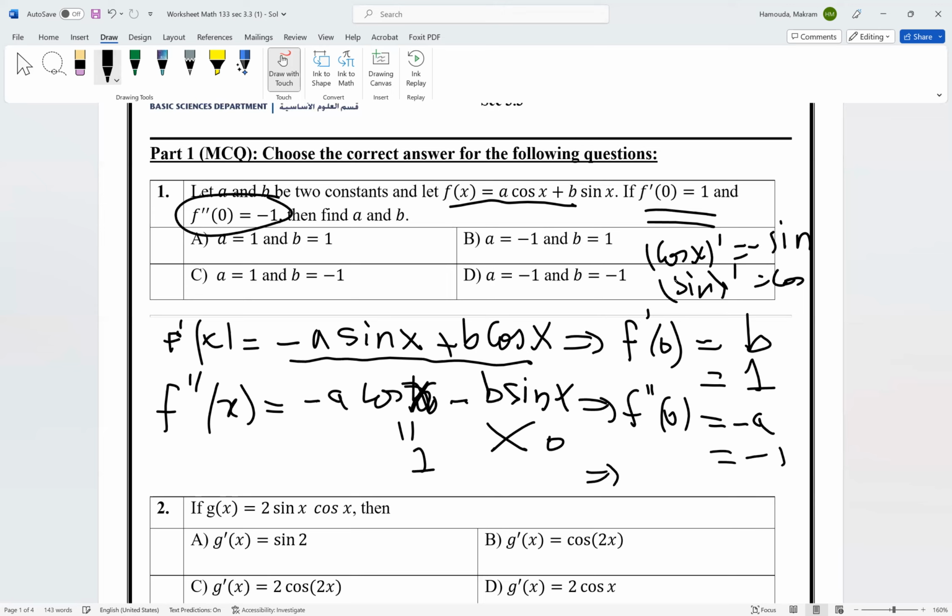That will give me that a is equal to 1. So b equal to 1 and a equal to 1. So the answer is A for this question.